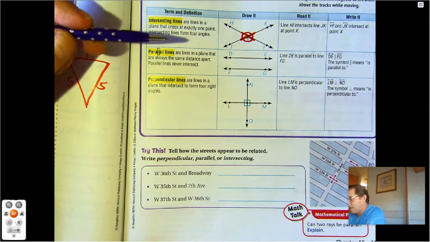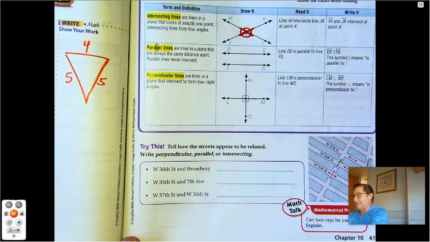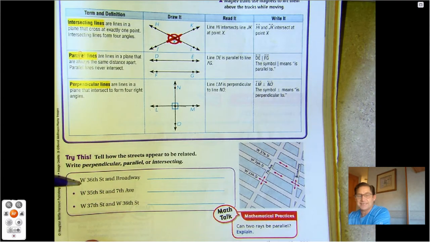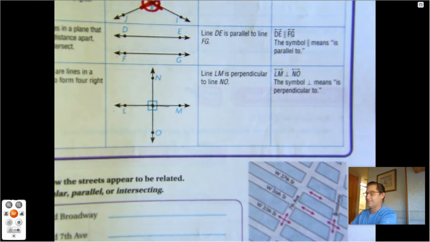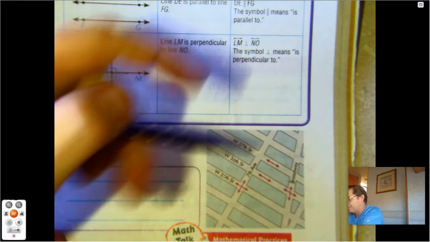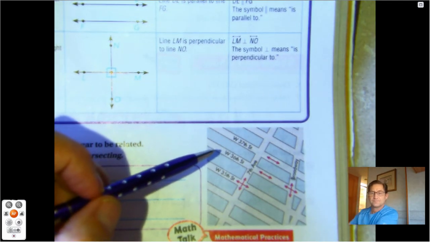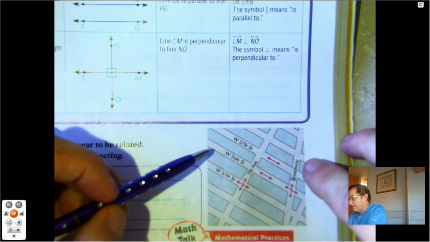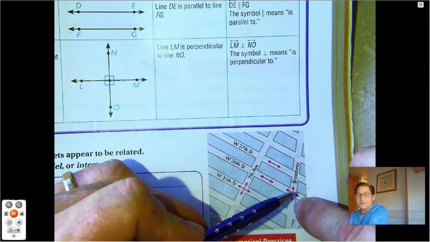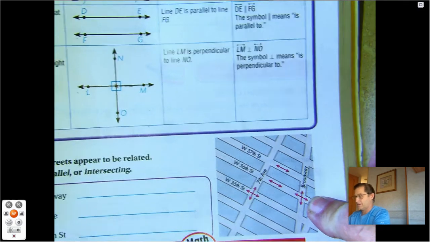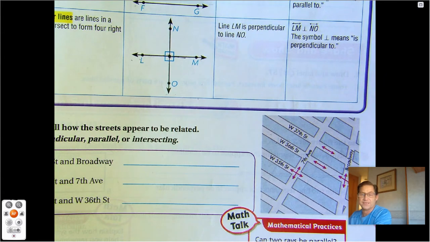All right. So tell how the streets appear to be related: perpendicular, parallel, or intersecting. West 36th Street and Broadway. So here's West 36th Street, and it crosses Broadway. The word crosses means it can't be parallel, so those are not parallel lines. It's either intersecting or perpendicular.